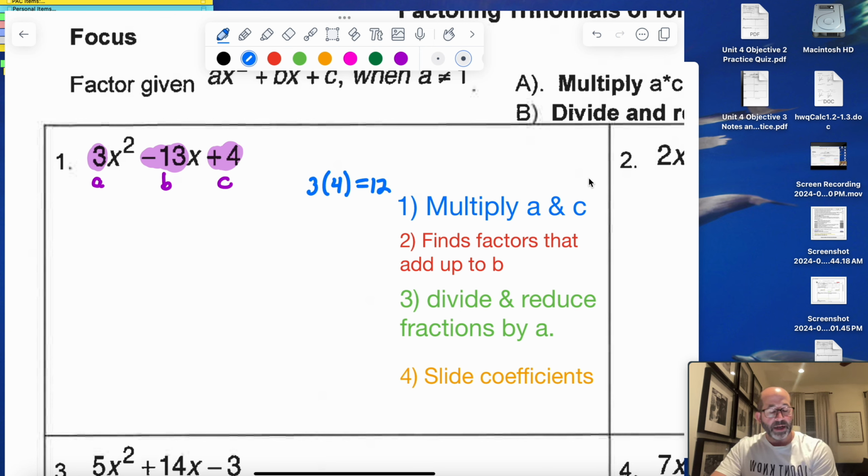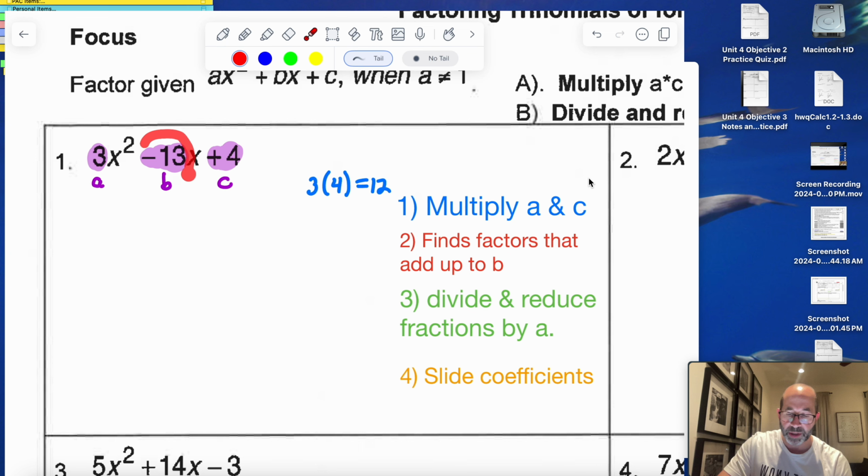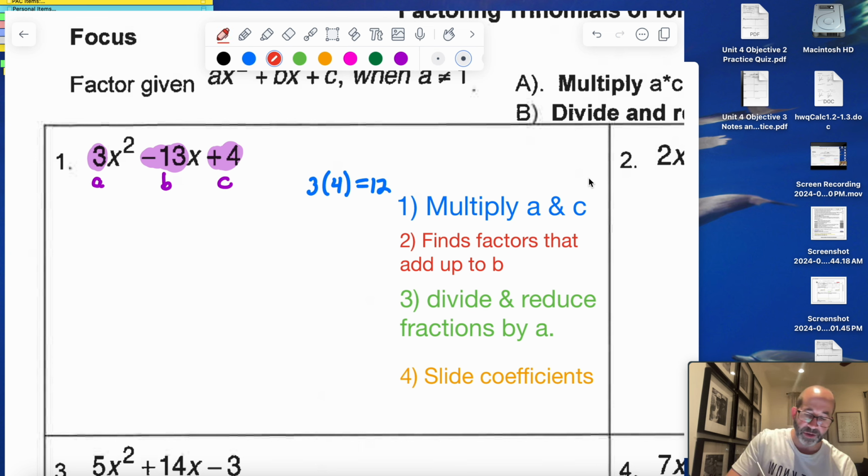Okay. Now in step 2, it says we're going to find the factors that add up to b. When we look at our b here, the b is a negative 13. So let's first go through and start finding the factors of 12. Okay, the factors of 12 are 1 and 12, 2 and 6, 3 and 4. The only combination of numbers that will actually give me a negative 13, which is what we've got there, is a 1 and a 12.